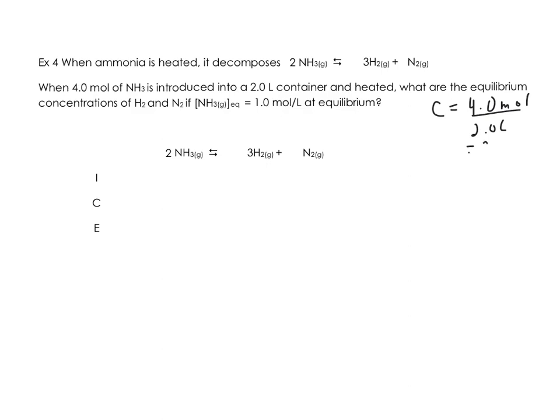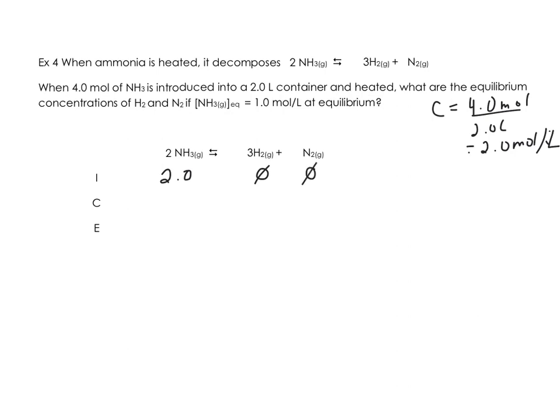So our concentration is 2 moles per liter, and that is for our ammonia. Okay. So underneath ammonia on the I line, we're going to put 2.0. You don't have to put the units in. Initially, there's 0 products because the reaction hasn't started yet.